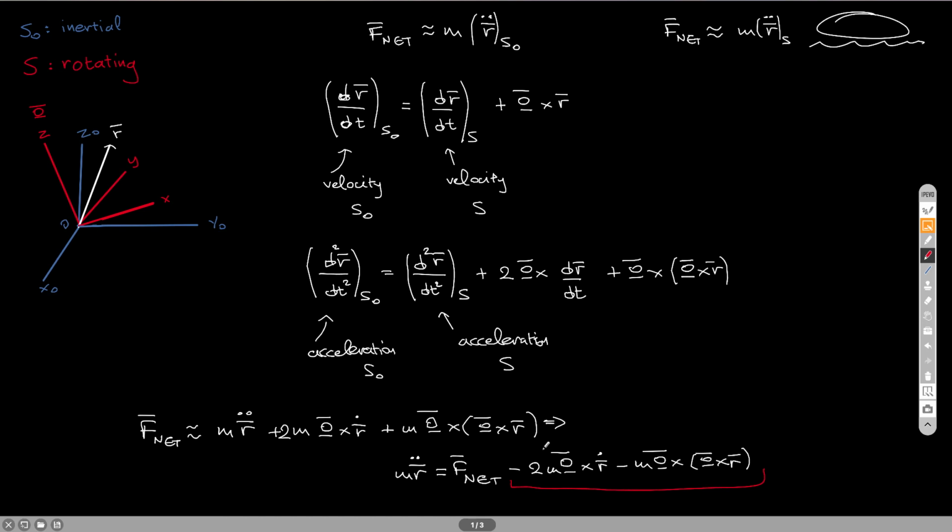And for the last thing, the name that we use for this is the Coriolis force, and this one is the centrifugal force. Alright, that's all the theory I had.